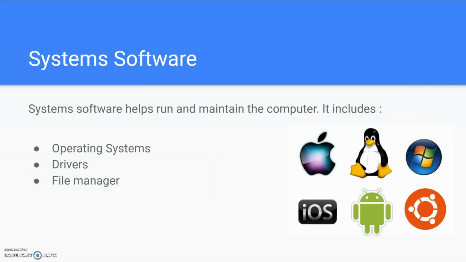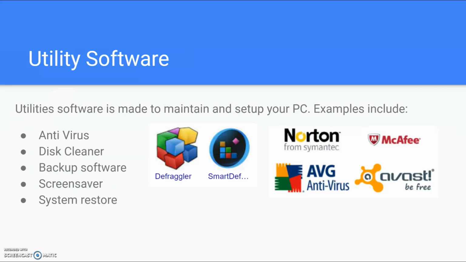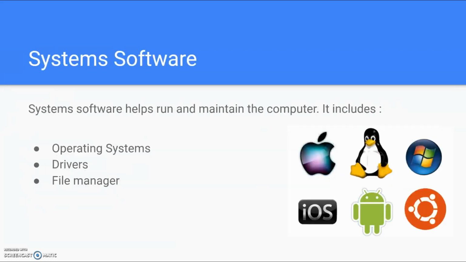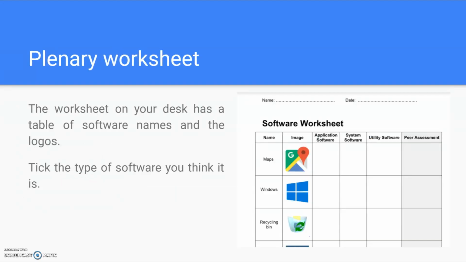Just think of that when you're writing anything down for system software, because I noticed a few of you were getting system software and utility software a bit confused. So have a look at those again, and we'll just move on for now.